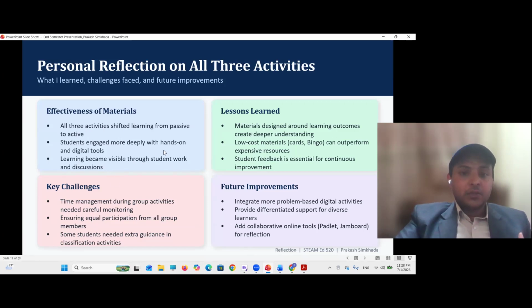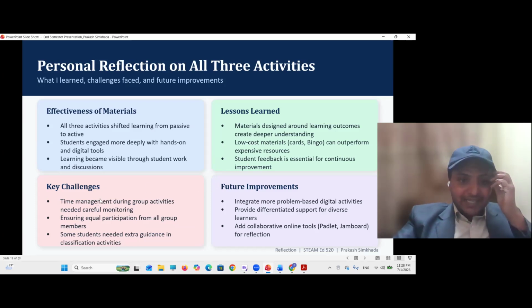Students who got confused in lecture-based classes become clear through these activities. The main lessons learned are: material designed around the learning outcome creates deeper understanding; low-cost material like card and bingo can outperform expensive resources; and student feedback is essential for continuous improvement.